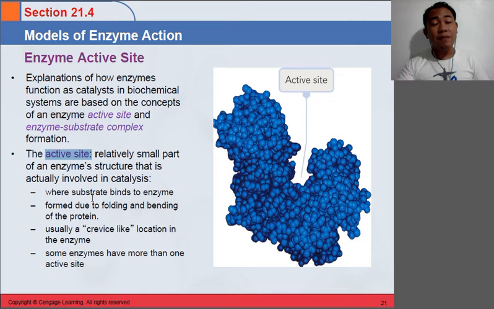The active site is where the substrate binds to the enzyme. It is formed due to folding and bending of the proteins, and usually a crevice-like location in the enzyme. Some enzymes have more than one active site. So again, this is the active site of an enzyme that is a relatively small part of an enzyme structure and is actually involved in catalysis.